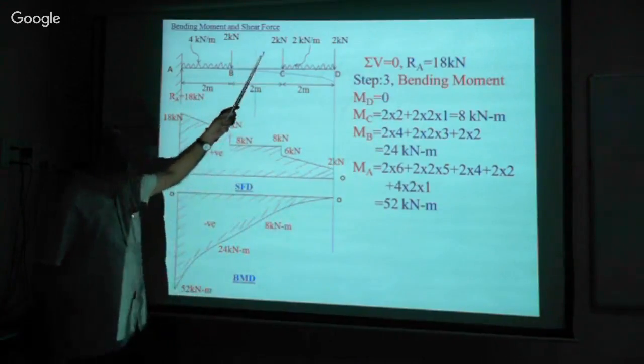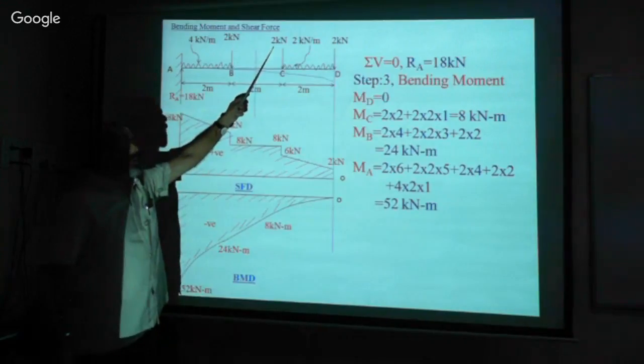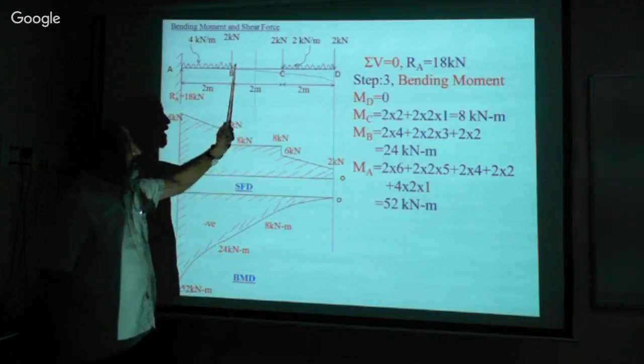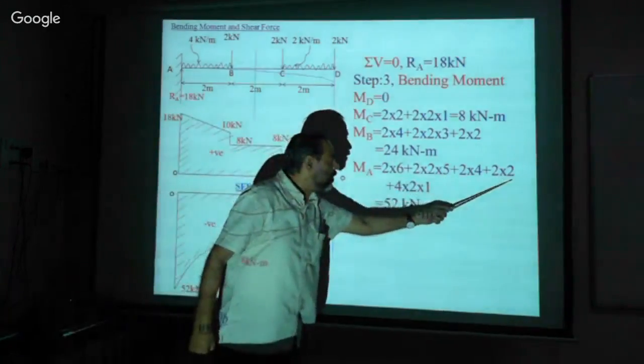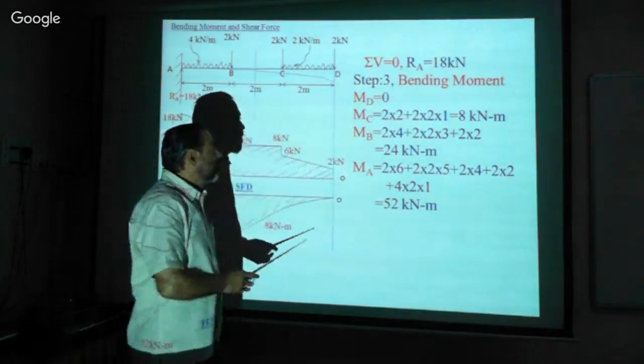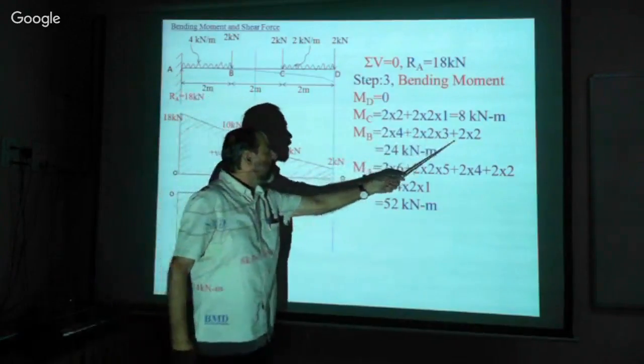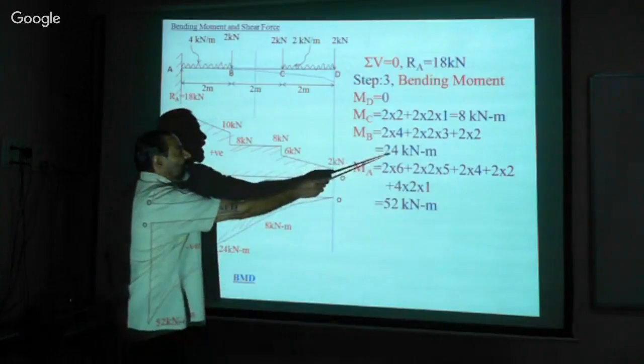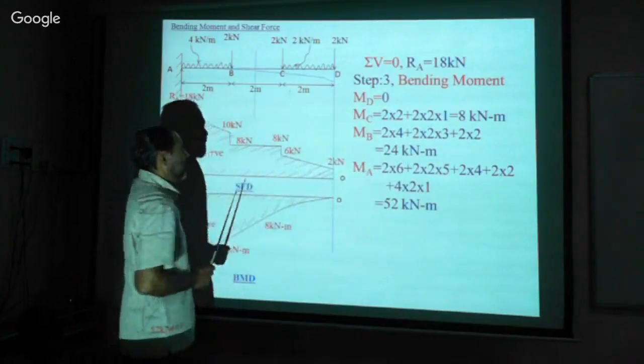And similarly, there is another force, that is 2 kilonewton, acting downward at a distance 2 meter from point B. Now there is 2 into 2, 2 multiplied by 2. Now therefore, it gives 24 kilonewton meter. 24 kilonewton meter.